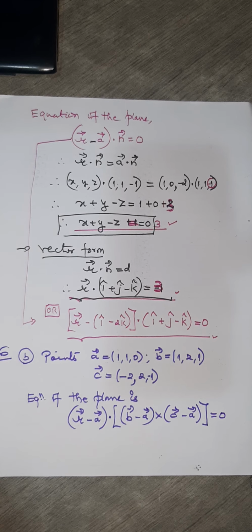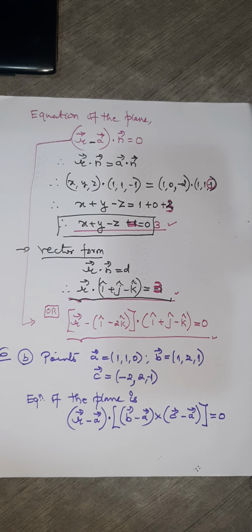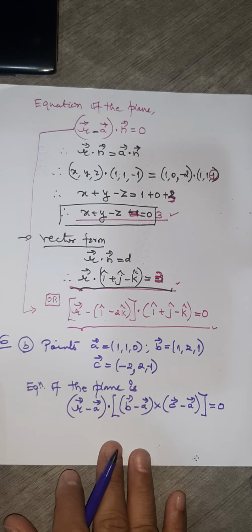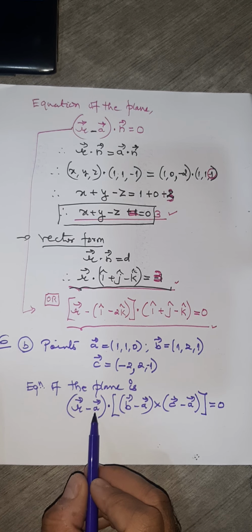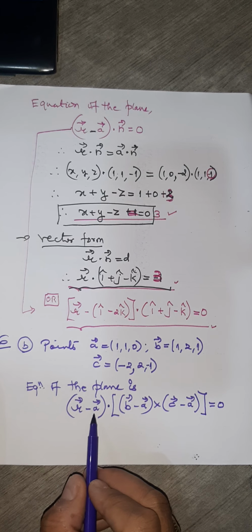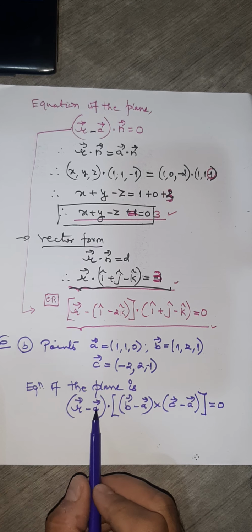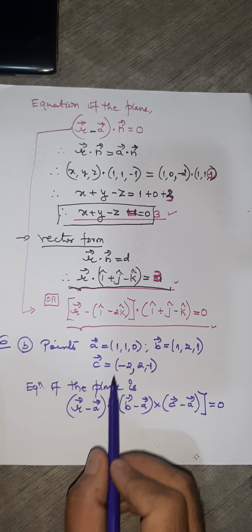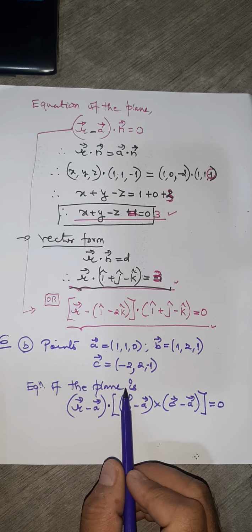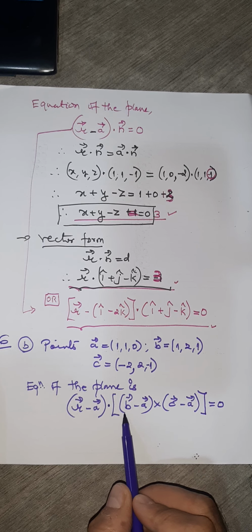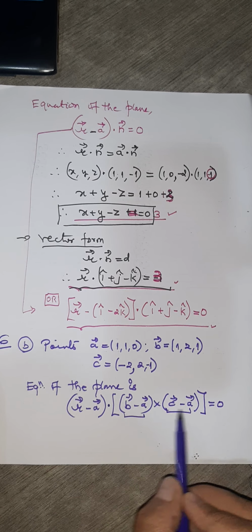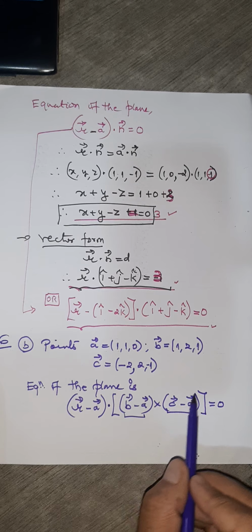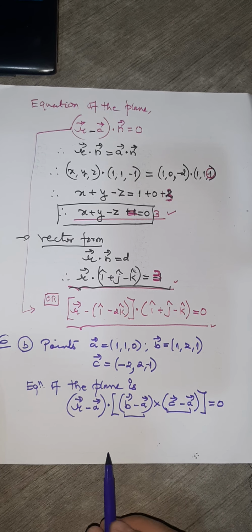If you go back to the theory portion, you will realize. Here vector A is known to you, that is 1, 1, 0. You need to find the cross product, so this is indirectly the normal.